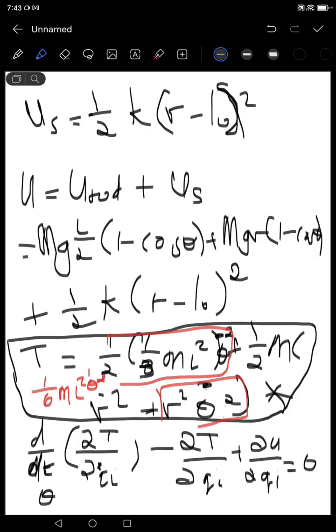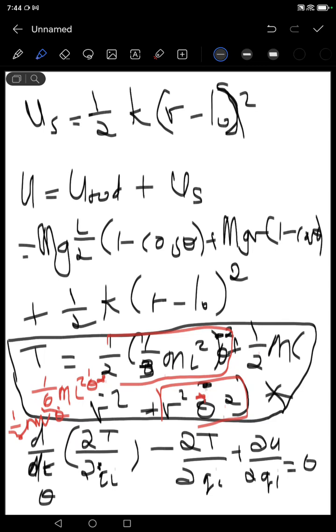I'm saying we're going to derivate wherever there's theta dot. We start with the rod, so we multiply this 1 over 2 and 1 over 3, and then we got this, and when we derivate 1 over 6 ml squared theta dot squared, we get what? 1 over 3 ml squared theta dot. Because we derivated this. Now we're going to check theta dot again. Our theta dot is here.